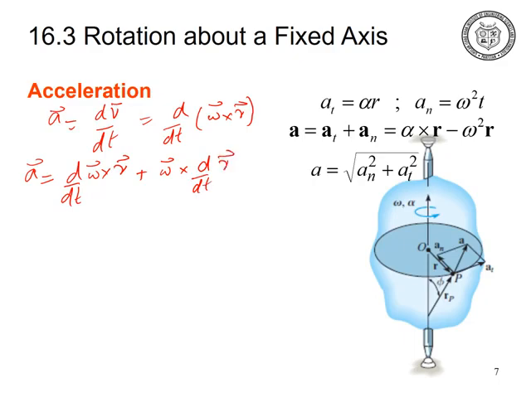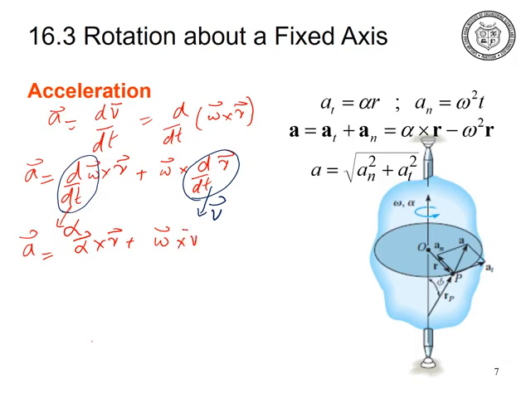What does this mean? d by dt of omega is the rate of change of angular velocity with respect to time, which is the angular acceleration, alpha. And dr by dt is the rate of change of the position vector, which is simply the velocity vector v. So we can write acceleration as a equals alpha cross r plus omega cross v.